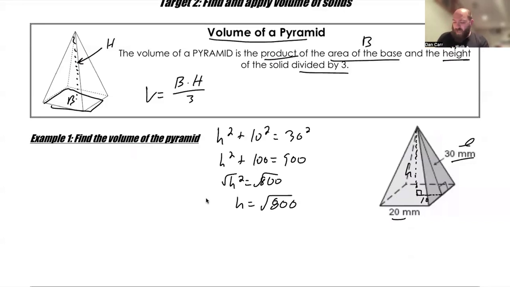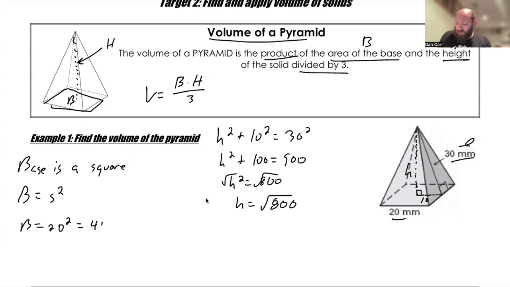Now I'm going to label my base: what shape is it? In this case, the base is a square. It would have been nice if they gave a little more information about that, but we're going to assume it's a square here. So the area of the base is going to be side to the second power. In this case, that's 20 squared, which gives me 400 square millimeters.